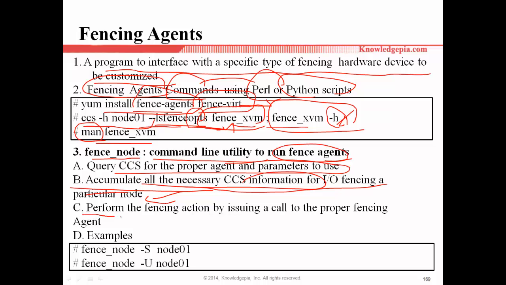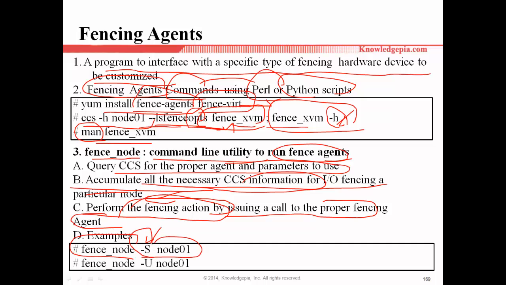And that performs the fencing action, executing it by issuing a call to the proper fencing agent. So for example, fence_node -S node1 will show the status, and fence_node -U node01, like this.